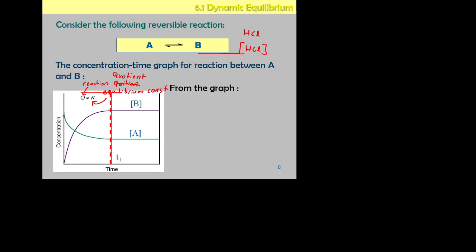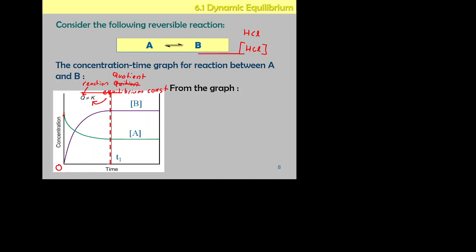So remember, kita akan start at the very axis, and product will always start dengan 0. Okay, so as we have less and less reactant, we start having more and more product, and more to a point where we achieve equilibrium.